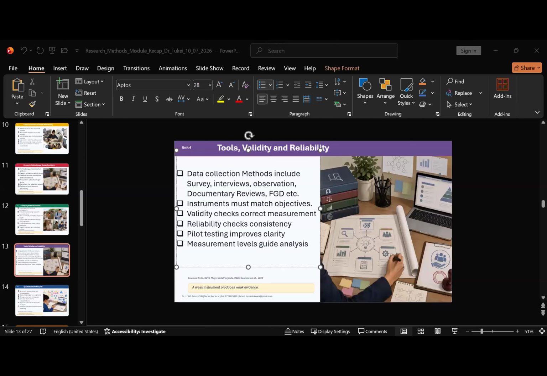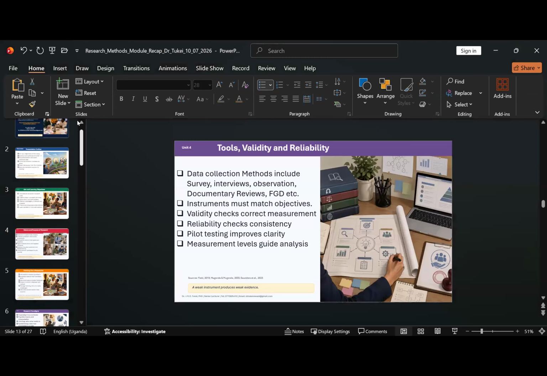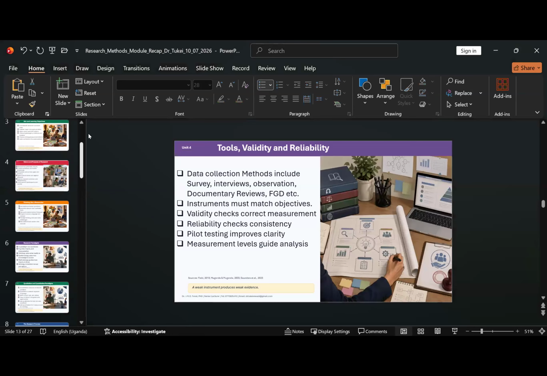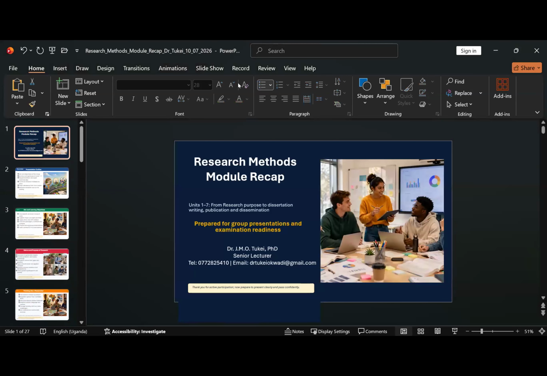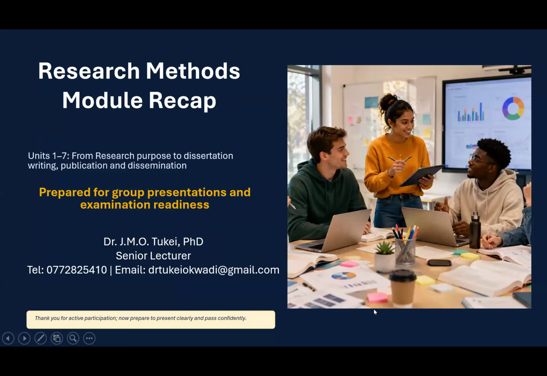So chapter 3 is very important because it clearly lays out the tools, the techniques and strategies that one should use to generate and analyze data. To me, it is more or less the heart of the research proposal.